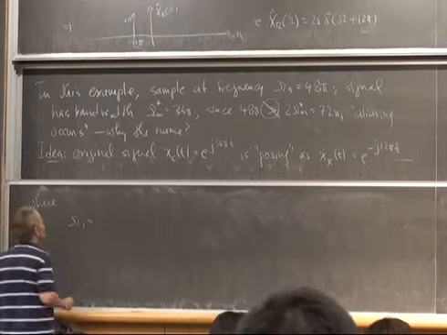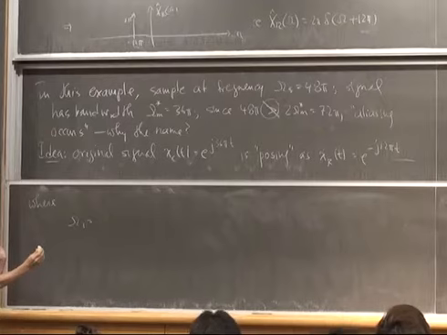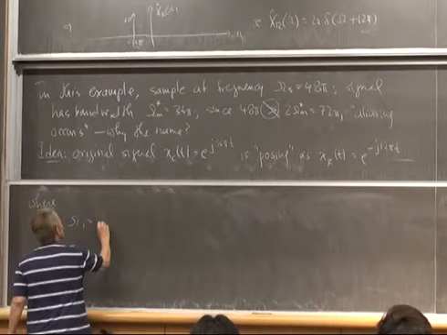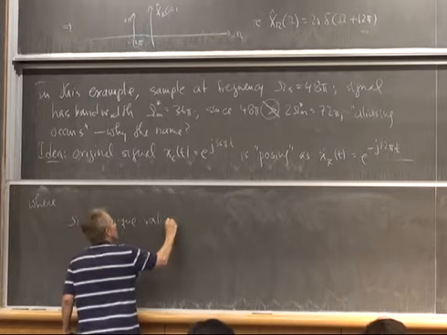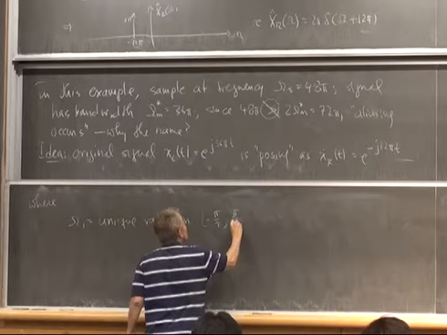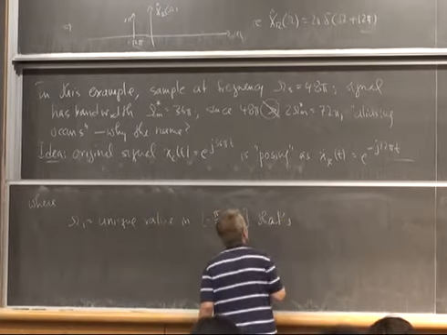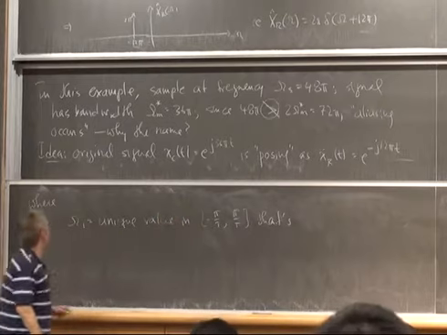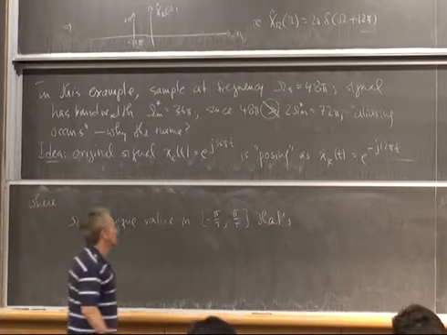Omega 1 is going to be the unique value in the interval minus pi over T to pi over T that is an integer translate by 2 pi over T of omega 0.